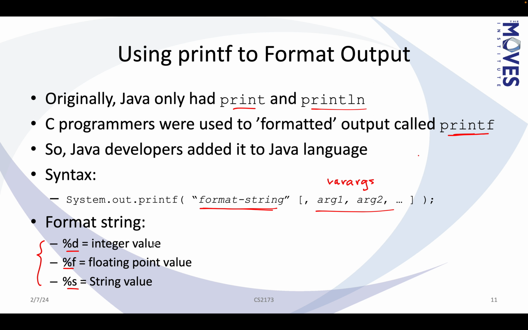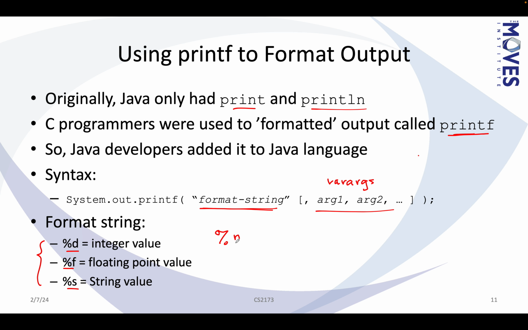There are some others. There's %b for Boolean. Now, printf, like print, doesn't give a new line. So if I want a new line, I have to give it explicitly, and that is %n gives a new line. And there are a couple others, but these are the main ones.